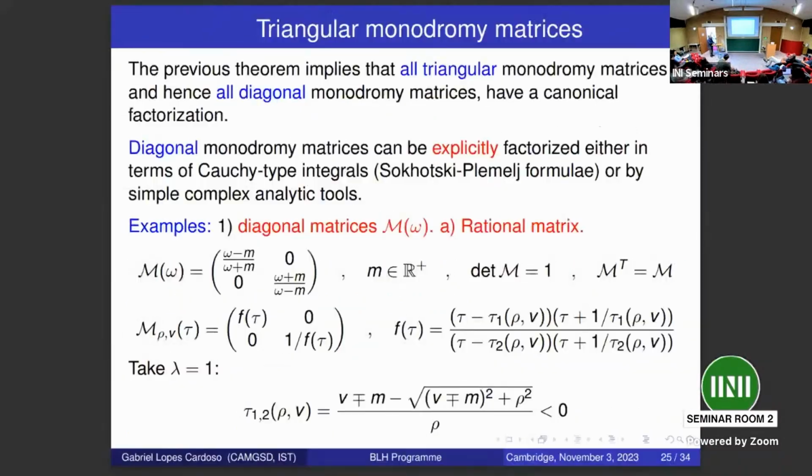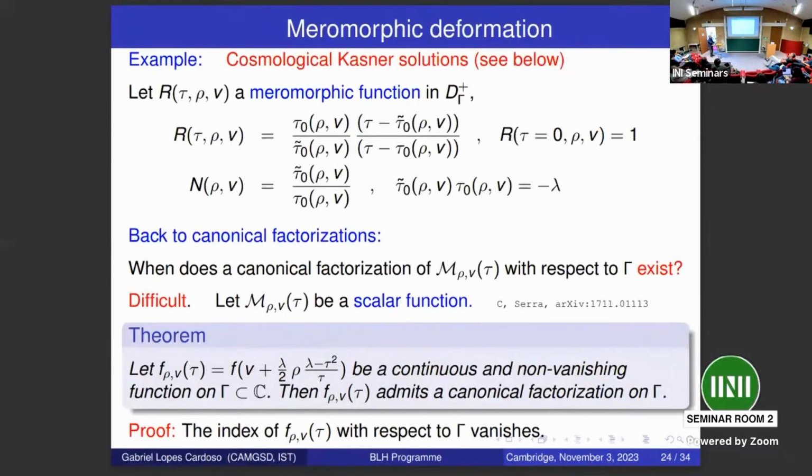So therefore, what this means is that you have this theorem. Previously, I told you that whenever we are dealing with triangular matrices, they will have a canonical factorization if the diagonal entries have a canonical factorization. This theorem tells you that the diagonal entries will have a canonical factorization so long as these entries are continuous and non-vanishing on the curve gamma.